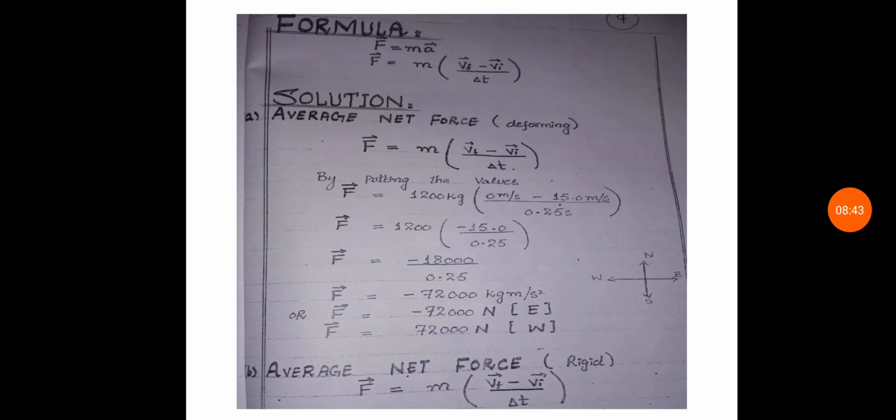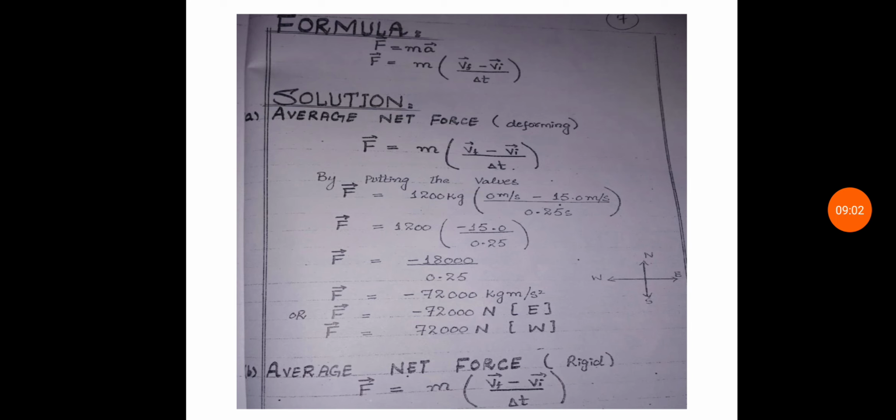Now the formula of force, by second law of Newton, we get F equals to ma. We also know that a equals to Vf minus Vi by t by first equation. So a equals to Vf minus Vi divided by t.